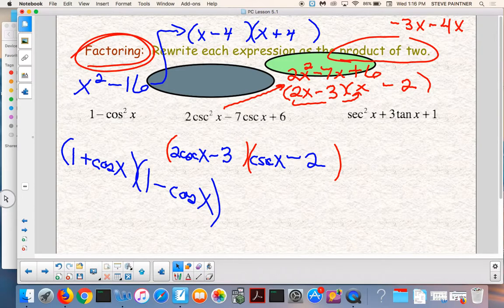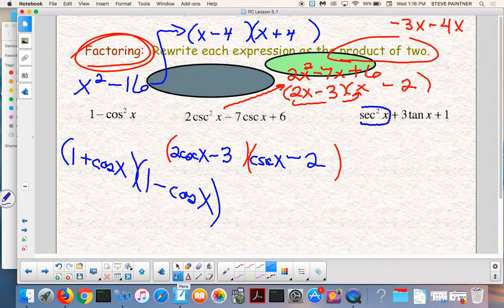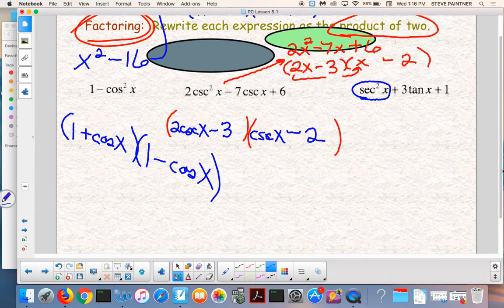Okay, I'm going to give you a hint. See this? Right here? This is important that you understand. If you have a secant squared, you can get secant squared to go away. How, Abby? 1 plus tangent squared. Yes. So you go to your Pythagorean identity, right?